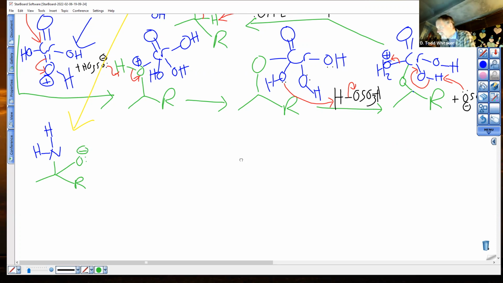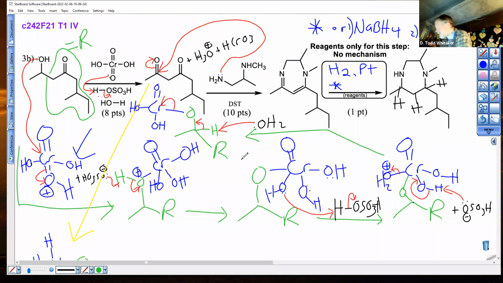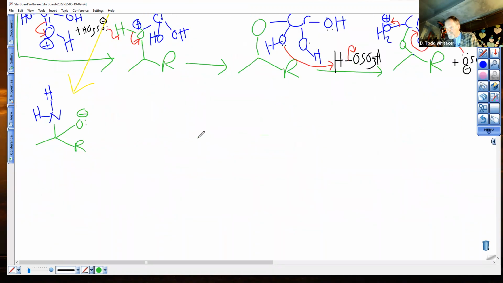And the nitrogen had this group, which we're going to label R prime for now. So we're finished. The isopropyl group with methylamino on the second carbon. I'll try to remember that. So there's an R prime on the nitrogen too.